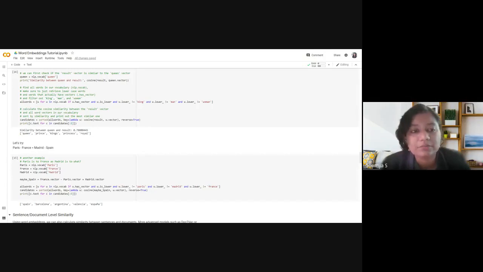So Doc2Vec captures sequence because we are not only interested in the word and the context, but also the sequence. I'll stop sharing this and go back to the presentation. Okay.